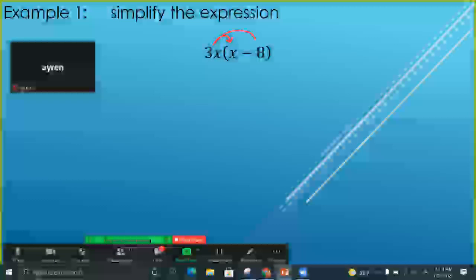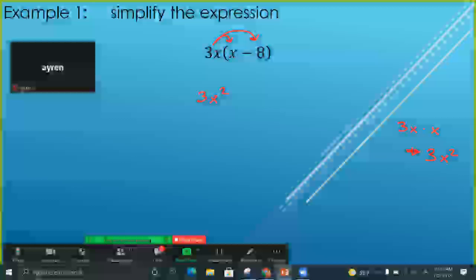So we've got two multiplications to do here. So 3x times x, if you think about that as a separate problem, I'll write it off to the side. 3x times x. So 3 times 1, there's no coefficient for the x, right? So it's just 3 times 1, 3. x times x would give us an x squared, or x to the second power. So there's the first part of my answer.